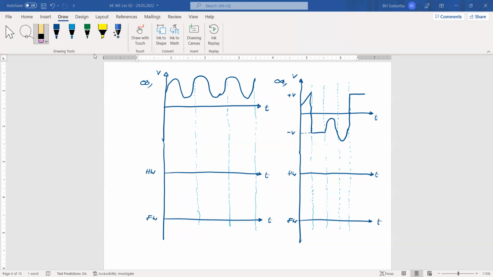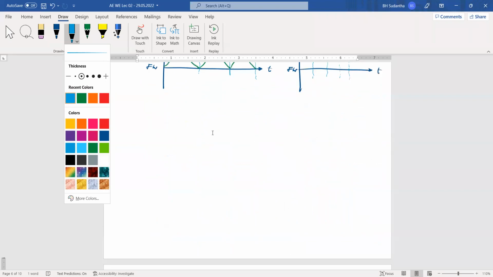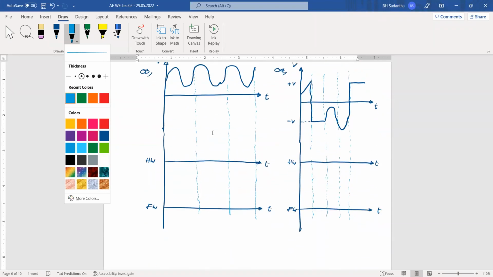Okay, shall we draw this one with the half-wave rectification? There is no problem because this waveform is on the positive side, so there is no problem whether it's half wave or full wave all the time.